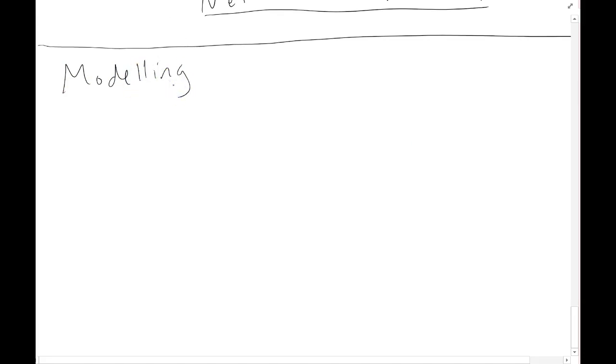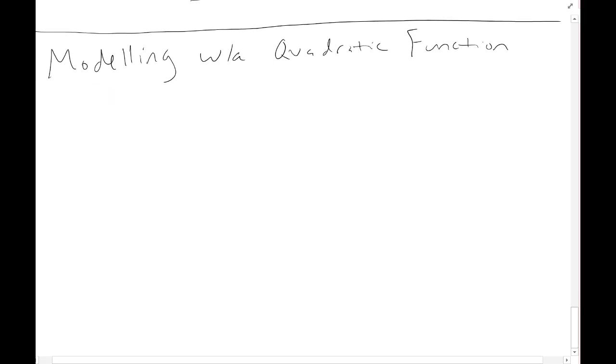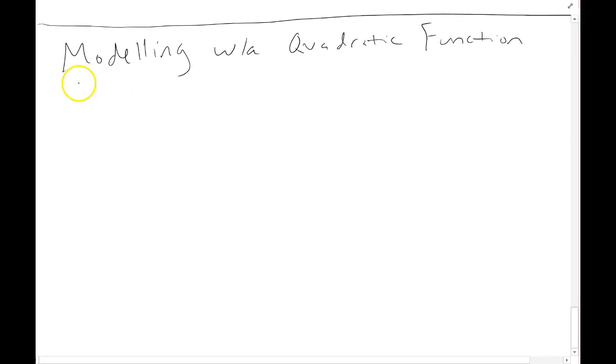So the last topic here to talk about is modeling with a quadratic function. So before we get moving here, I'm going to define a couple of things. We're going to define something called a family of functions.